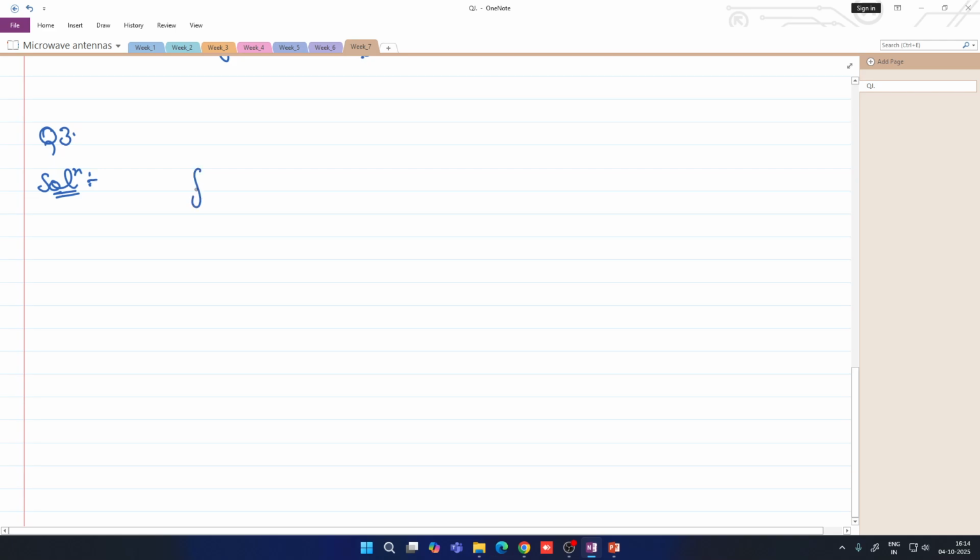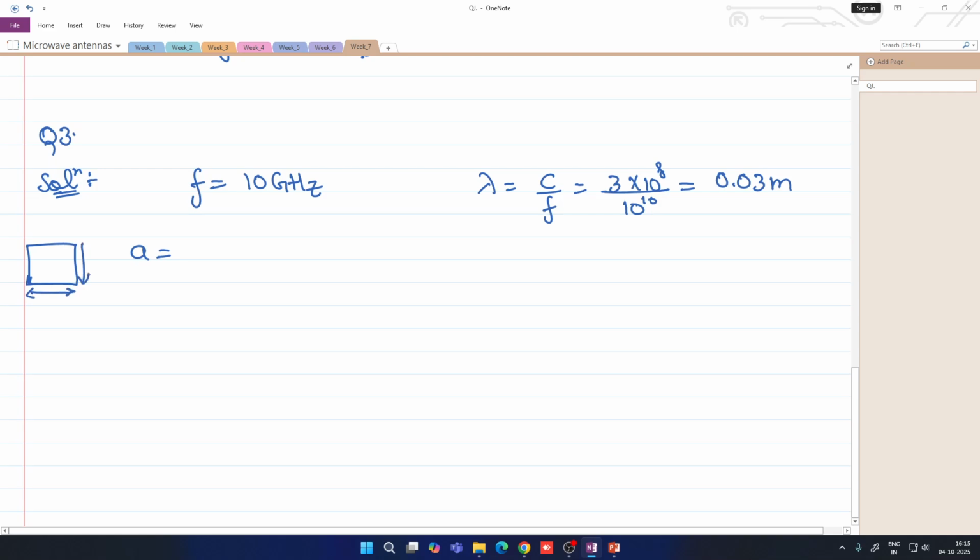So in question 3, a waveguide operating at 10 GHz is mounted on an infinite plane. From this frequency we can find the wavelength, which comes out to be 0.03 meters. For this rectangular waveguide, A is 0.9 millimeters and B is 0.4 millimeters.